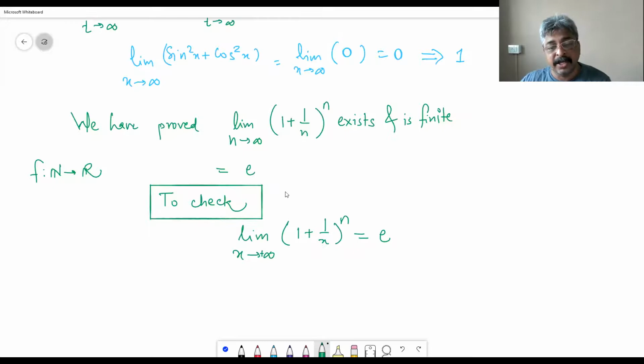If x belongs to R, I am taking it to positive infinity, so x is a positive real number. Or even if it is negative, we have to prove a similar statement for x tends to minus infinity also. So how do we go about it?